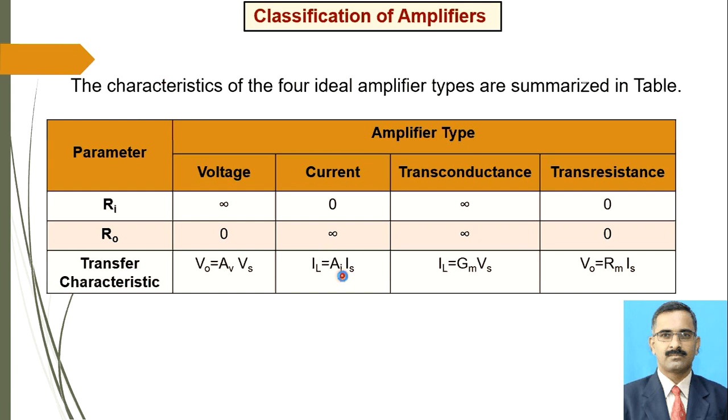Again, for the transconductance amplifier, input resistance is infinite and output resistance is also infinite. The output current related to the input voltage is IL equal to Gm into Vs. And the trans resistance amplifier has Ri and R0 both zero, and for the input current we apply, the output voltage we get is V0 equal to Rm into Is.